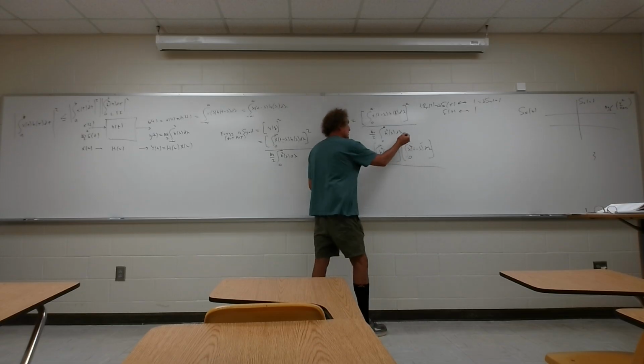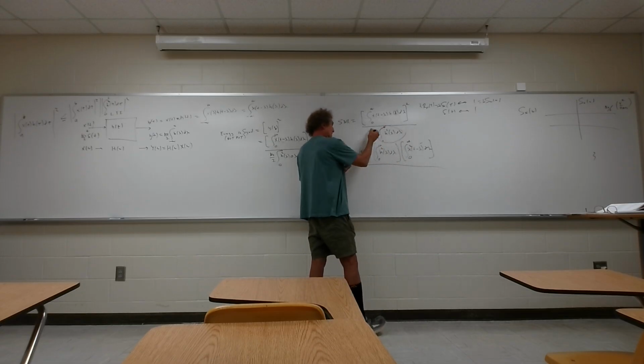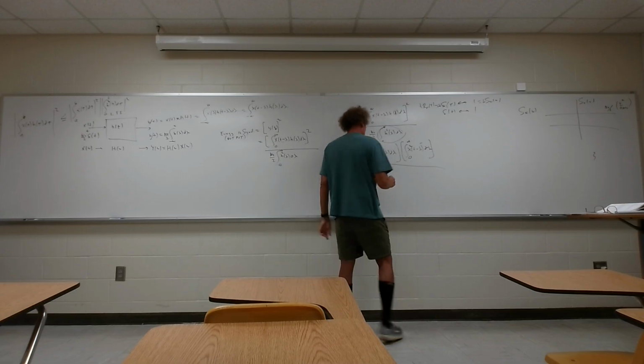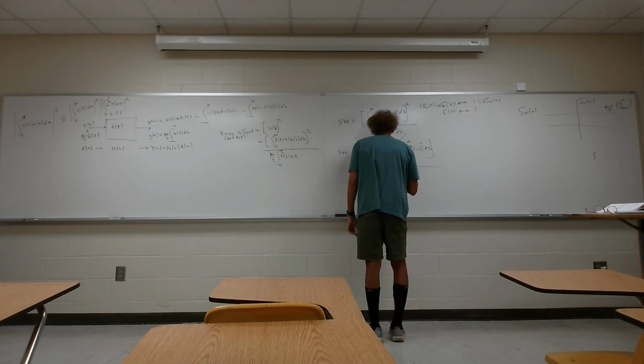Now here's what I'm doing. I'm going to retain this in the denominator, but I inverted that, and then I get this. So it's times the integral from 0 to infinity of h squared of lambda d lambda.